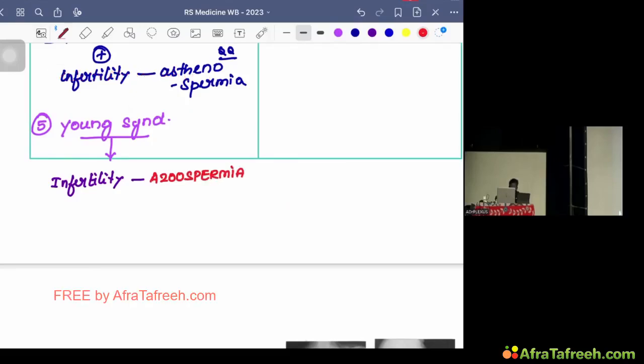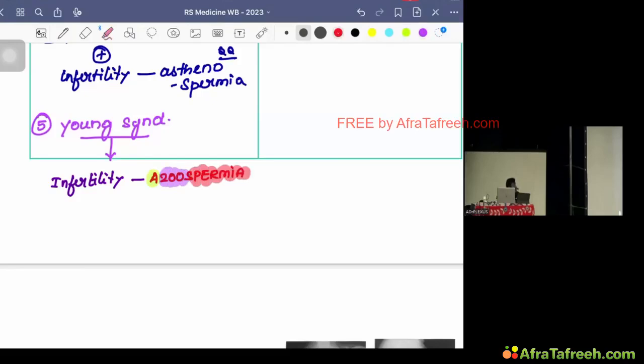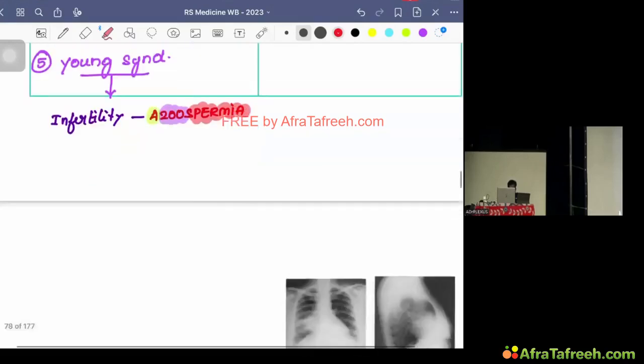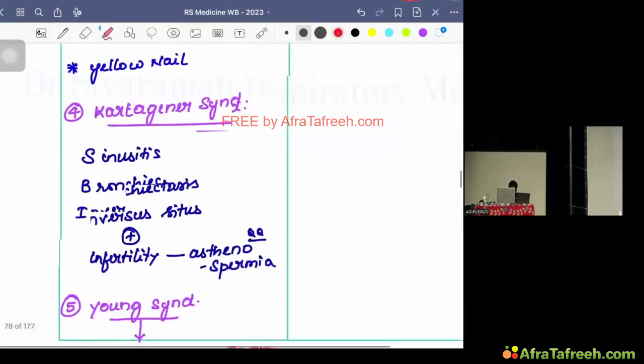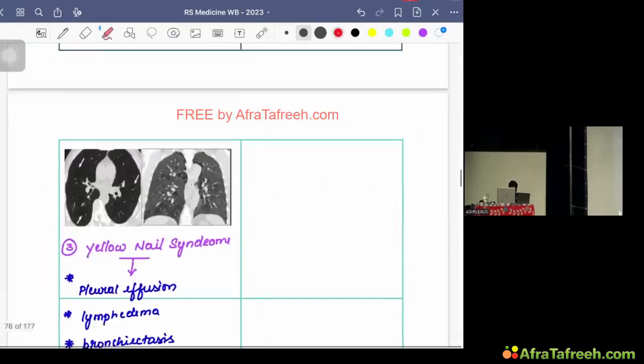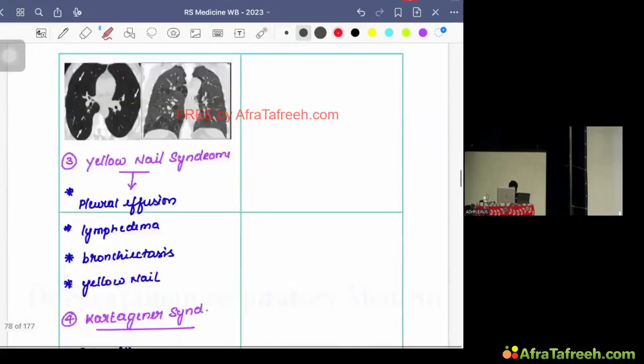Azoospermia is where immotile sperms are going to be present. Okay, that is called Young syndrome. This is the cause for your congenital causes or primary causes for bronchiectasis.